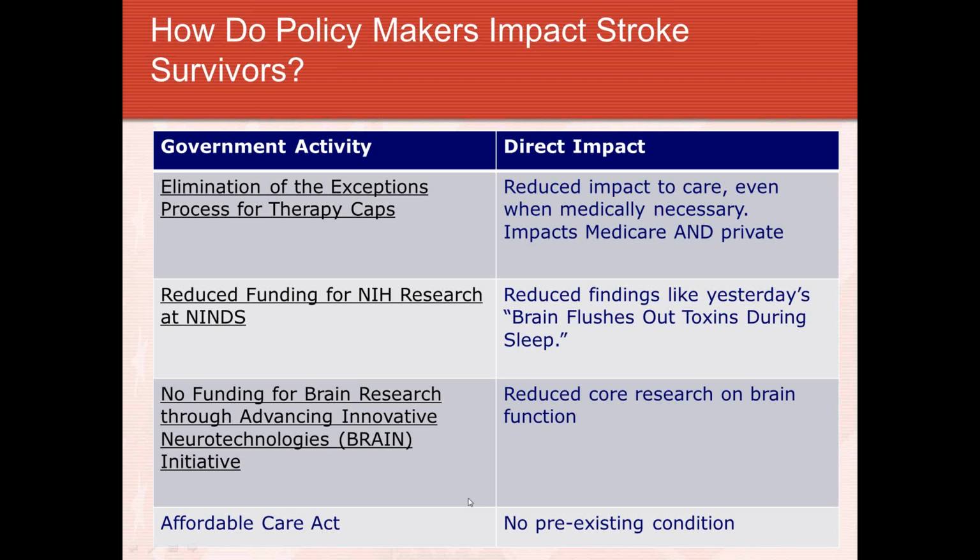Now, of course, one of the other things that we have been hearing a lot about is the Affordable Care Act, and how that impacts stroke survivors. And the key thing there is the no pre-existing condition provision that says that insurance providers have to cover you, even cover pre-existing conditions. And, you know, however you feel about that particular bill, that is obviously something that impacts stroke survivors.